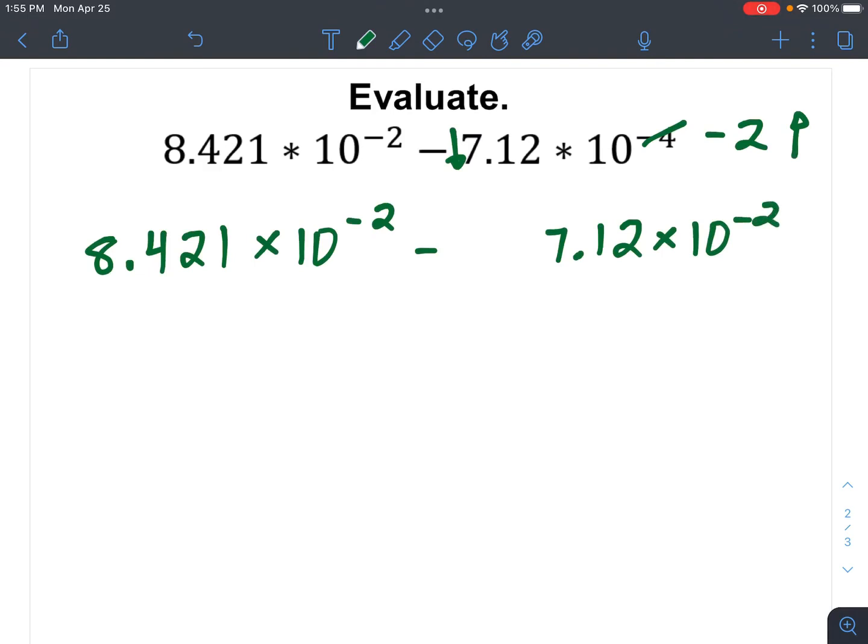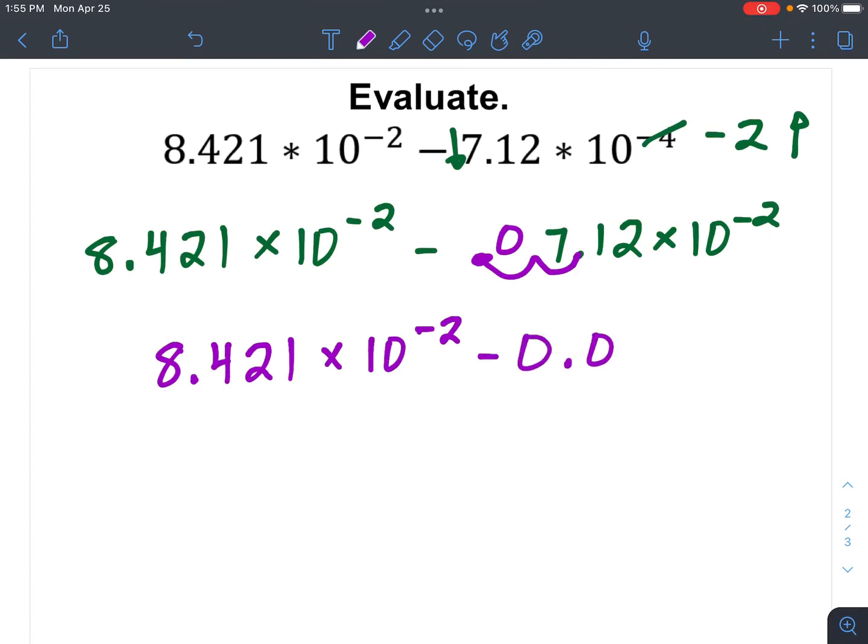And what's going to happen then is that our decimal point has to move 2 spaces again. 1, 2. Again, we're making the number smaller because the exponent became bigger. And so now what we have to do is 8.421 times 10 to the -2 power minus 0.0712 times 10 to the -2 power.